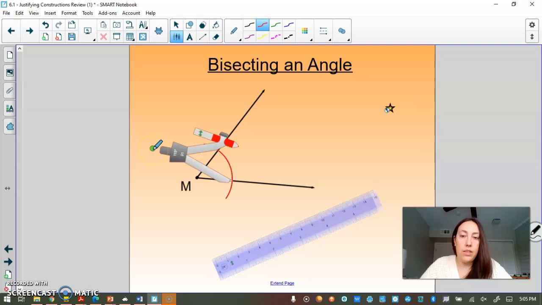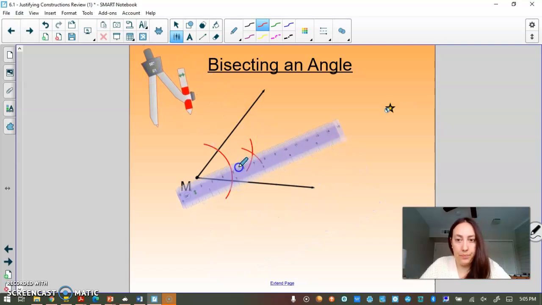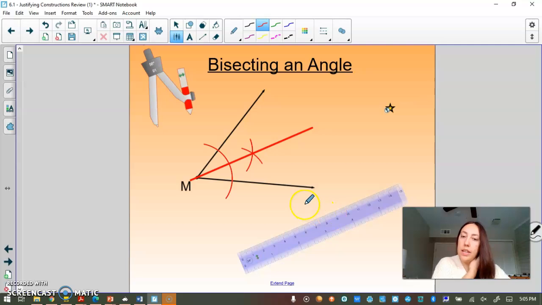I'm using the same width for the whole construction. I'm going to draw an arc in the middle here, and then I'm going to do the same thing from this other intersection point that I made. I'm going to draw an arc in the middle of my angle so I get kind of this X. And that's how I know where to draw my bisector. I can connect the vertex to that intersection point, and now my angle will be bisected.